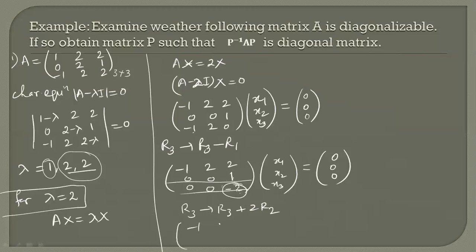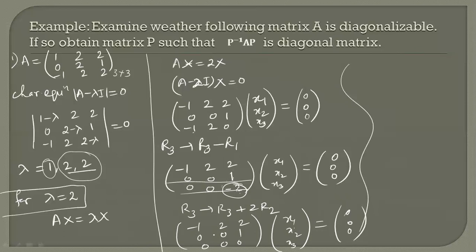It will be minus 1, 2, 2, 0, 0, 1, 0, 0, 0, times x1, x2, x3 equal to 0, 0, 0. Now you can see that this is in row echelon form, the zero row is at the bottom, and the rest of the rows are linearly independent. So the rank of A is 2.